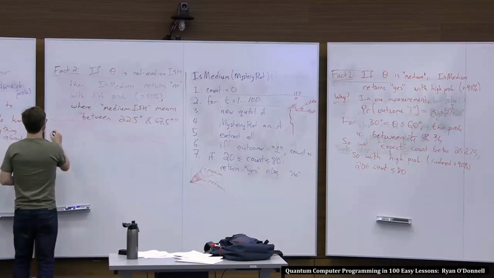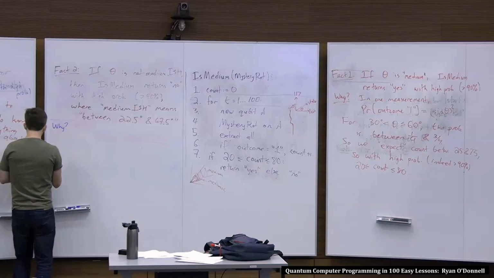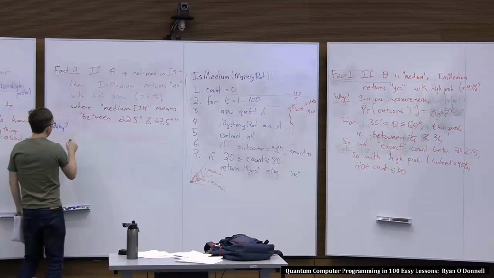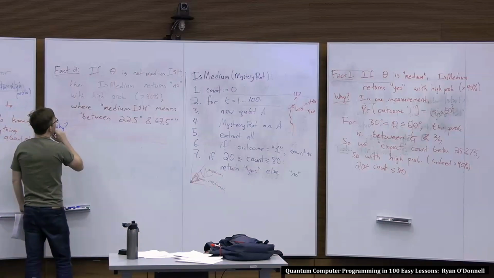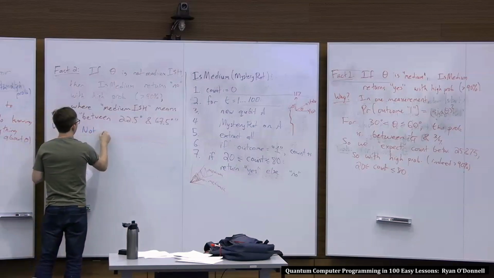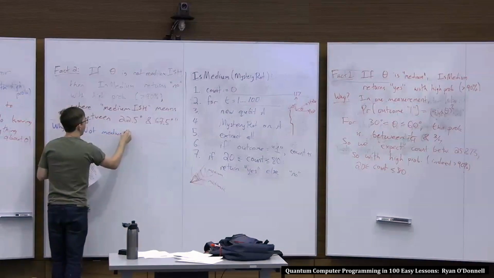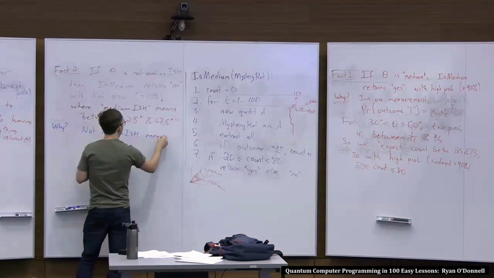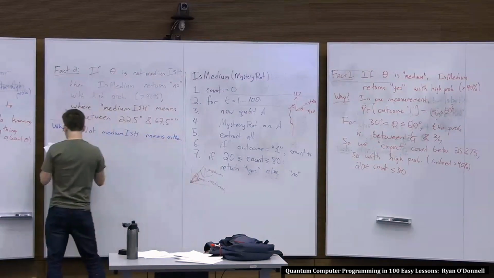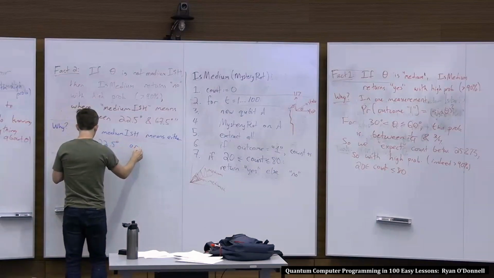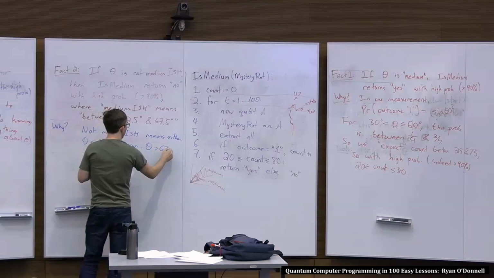Okay, so why? Not being medium-ish means that either theta is smaller than 22.5 degrees or theta is greater than 67.5 degrees.